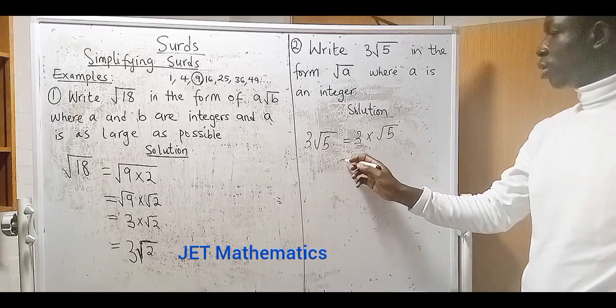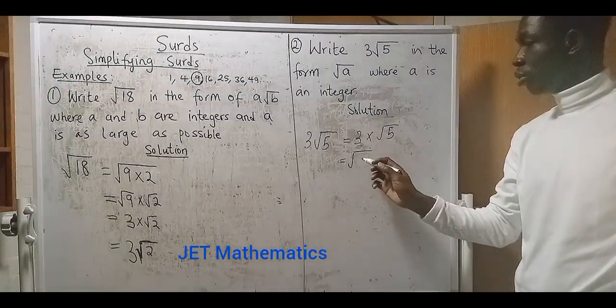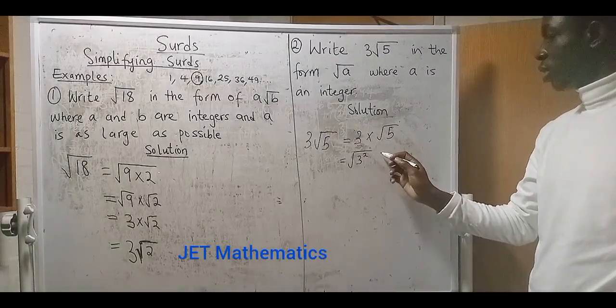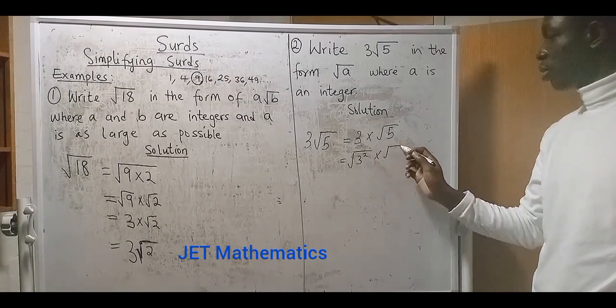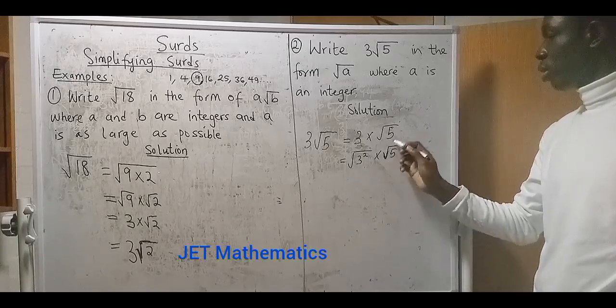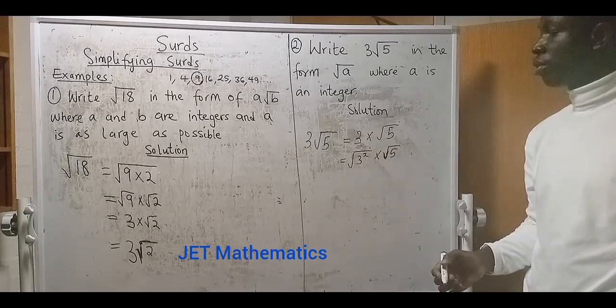We can also write 3 as root 3 squared, times root 5. Root 3 squared is 3.